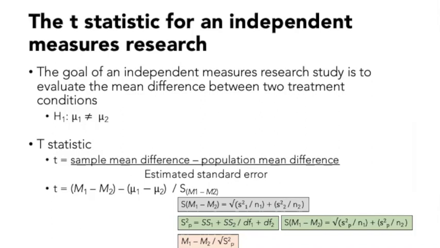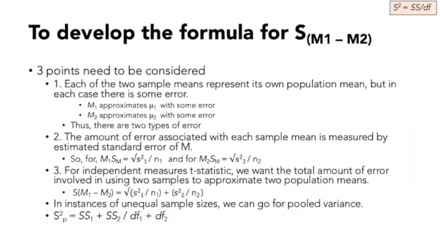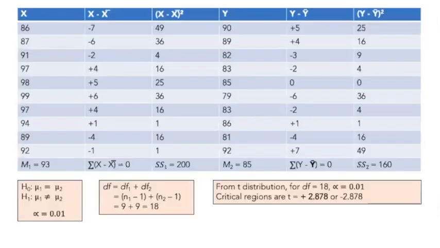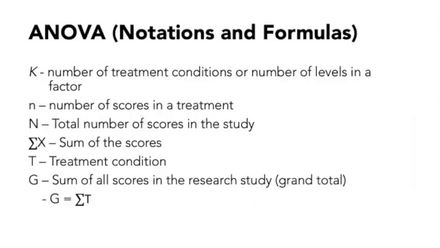That is exactly why I decided that we need to do this. Now, this is how you would do a T statistic for independent measures research. Pretty cool. Okay, now with that, I'm going to take you through ANOVA.